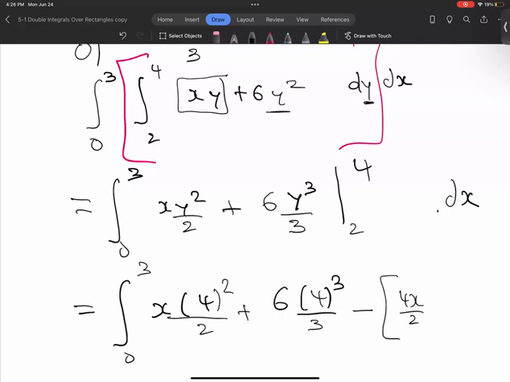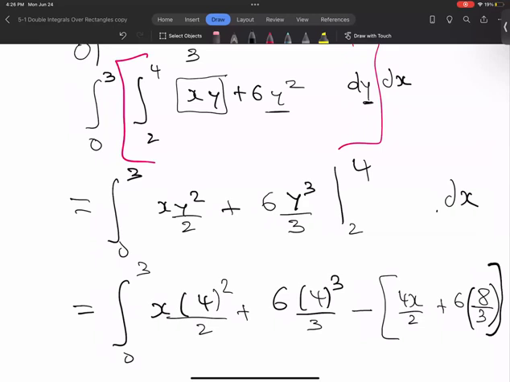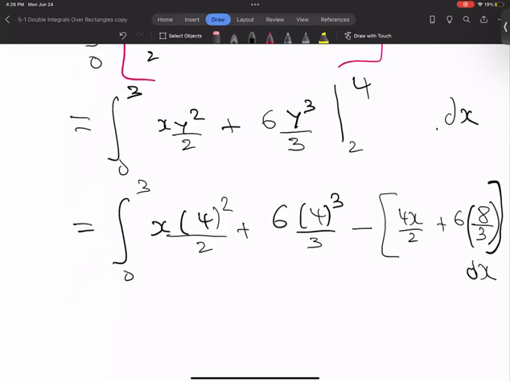Make sure you put your minus in parentheses. And this is dx. Sorry, let me put my dx over here, so I don't have a space.